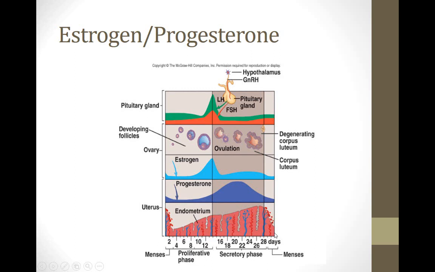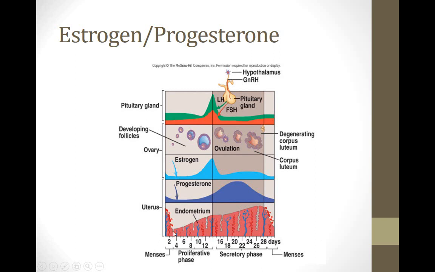And then we end in a menses as long as the female is not pregnant. If the female's pregnant, then we would not have a menses. So the first thing you have to understand, we have a 1 to 28 day cycle here, and on either end a menses that should take place if the female is not pregnant. And we have two phases in between called proliferative and secretory.